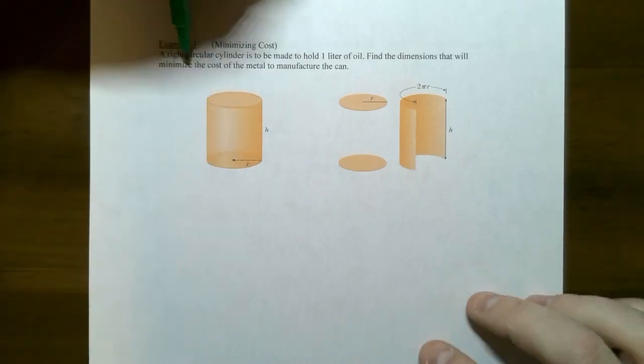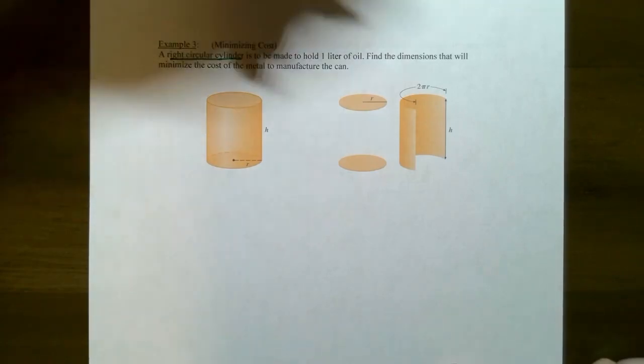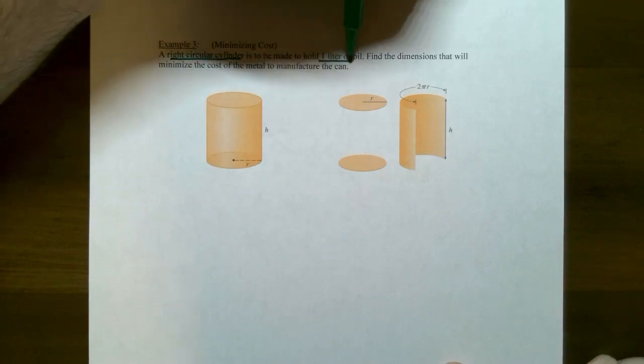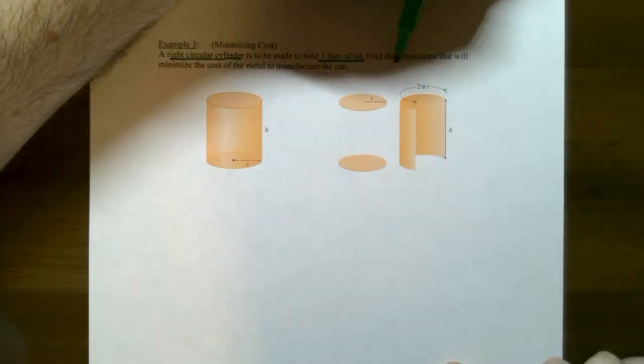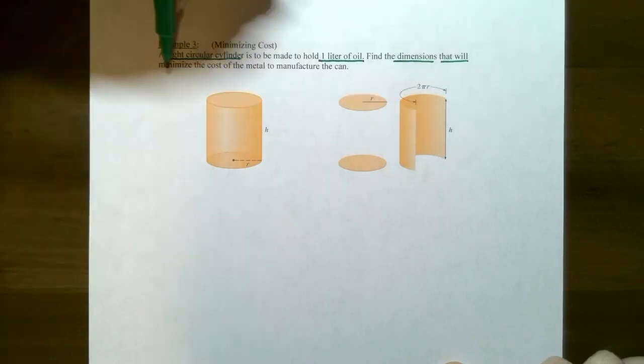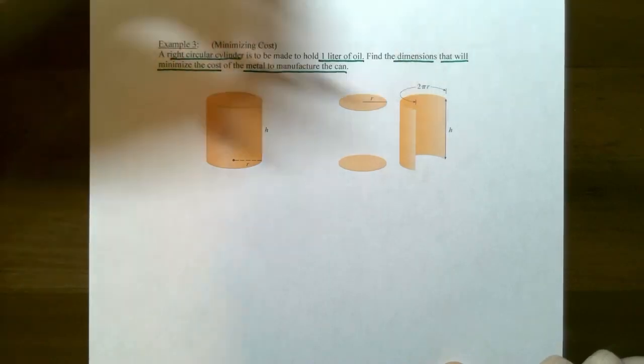So example 3 says you want to minimize cost where the shape is a right circular cylinder. It is holding 1 liter of oil, and you want to find the dimensions that will minimize the cost of the metal to manufacture the can.